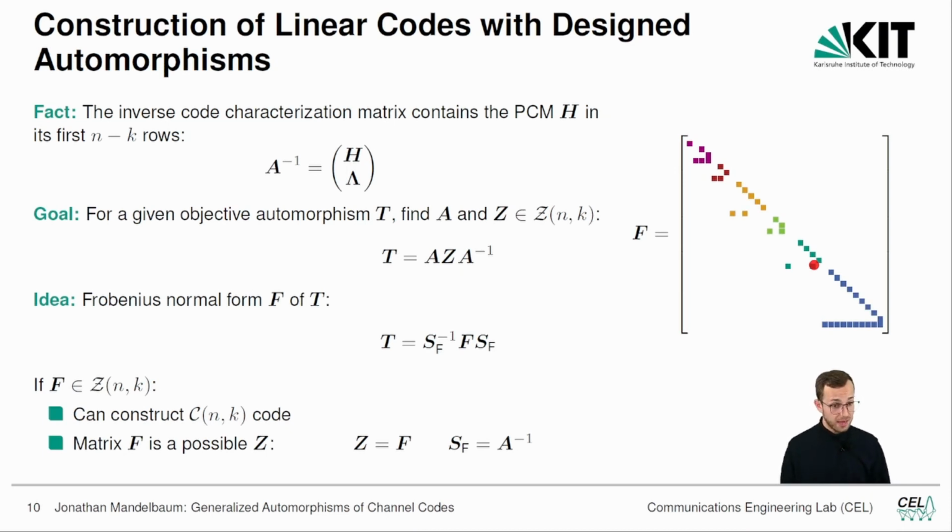If this is the case, then we can use F as a possible matrix from the set, and therefore use the change of basis matrix to the Frobenius normal form as our inverse code characterization matrix, and therefore we are able to construct a code that possesses T as an automorphism.